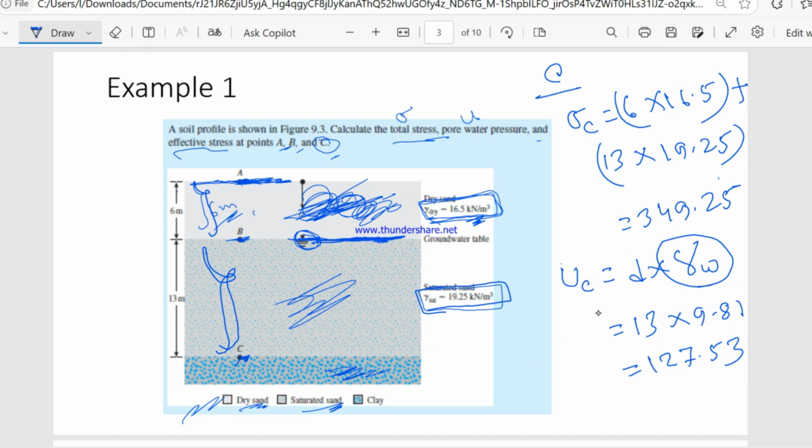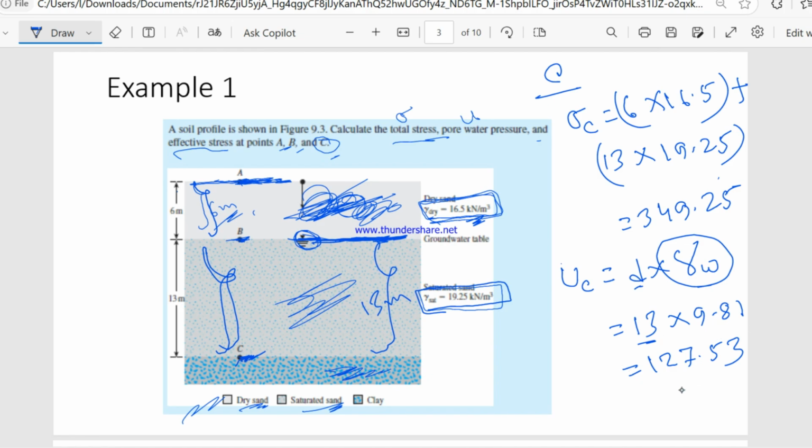Remember that if we calculate the pore water pressure, then the formula is distance into gamma W. The distance is from the groundwater level to the desired point, and our distance is 13 meter. So this is 13 meter and gamma W, the water unit weight, is 9.81.